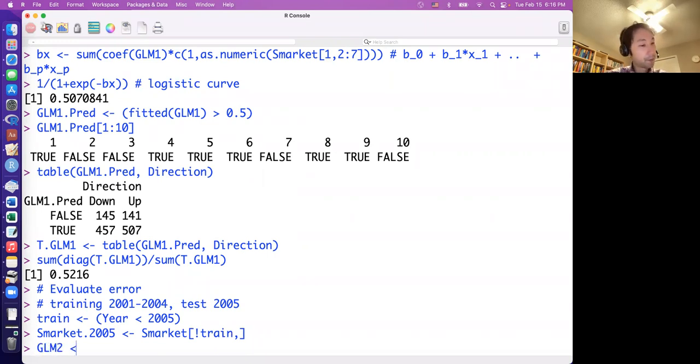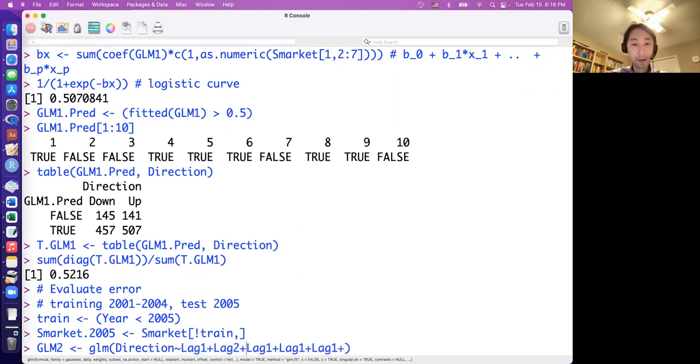So GLM2, we define this as the GLM direction, almost the same as last time. Lag1, lag2, 3, 4, 5 and the volume.